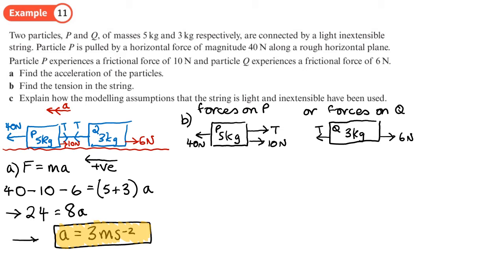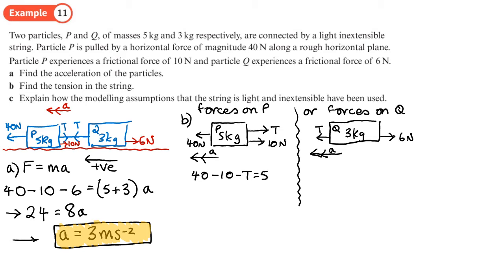Right, so let's look at the forces on P to solve this. We know that both of them are accelerating in the same direction. So that tells us what's positive and what's negative. So the resultant force on P is going to be 40 minus 10 minus T, because they're both going the opposite way to the direction of motion, equals ma.